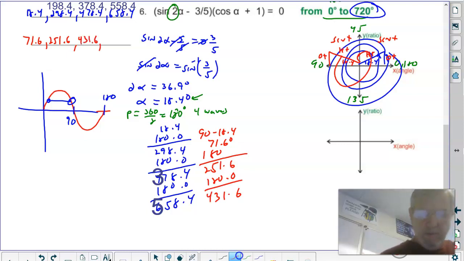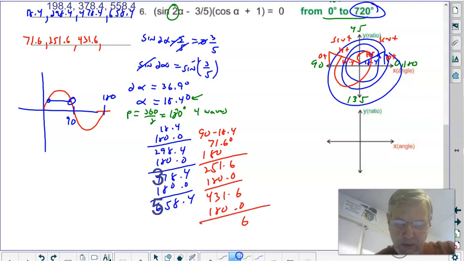And I'm guessing I get one more, my fourth one, right? Because I get 4 waves. 611.6. All right, now those were all off of just the sine. We got 8 values off of the sine part.